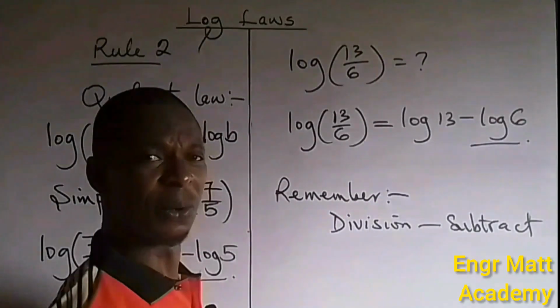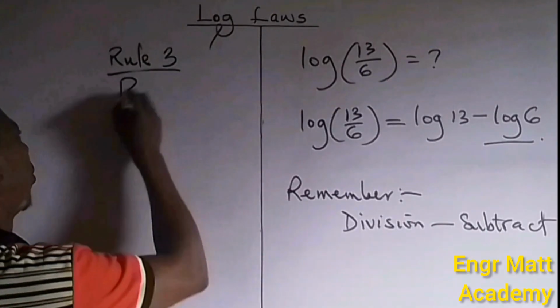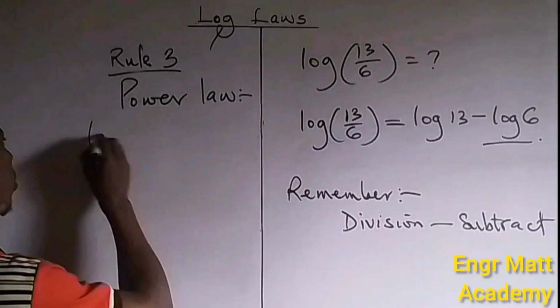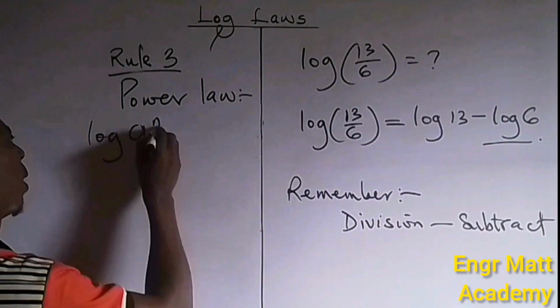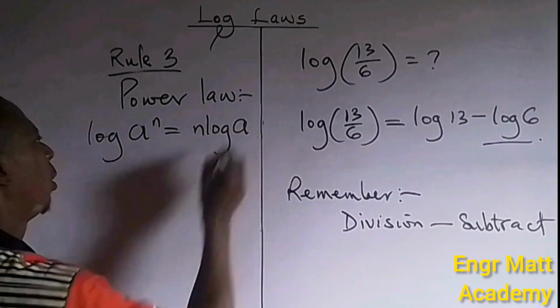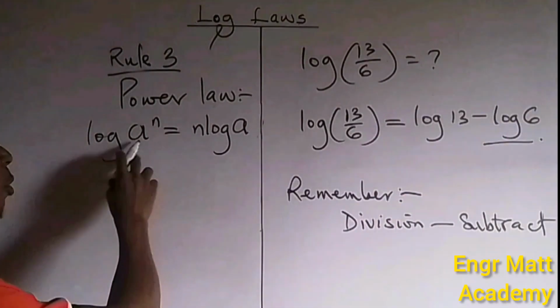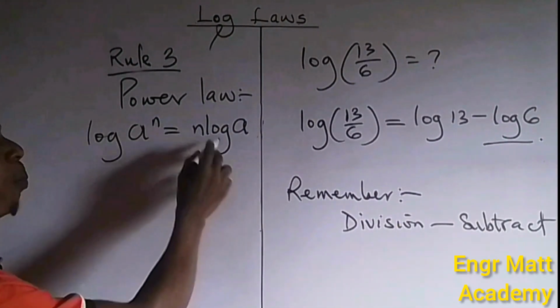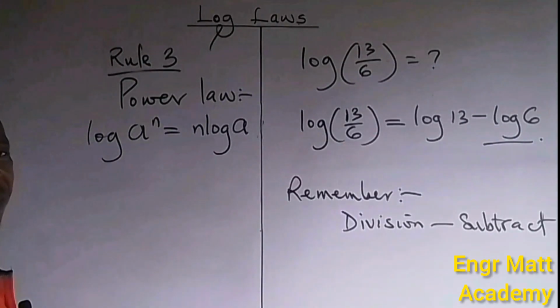Let's see the third law. Rule 3 is the power law. This law states that log A raised to the power n is equal to n log A. It means that when we see a logarithm number with power, we bring down the power and place it in front of the logarithm.